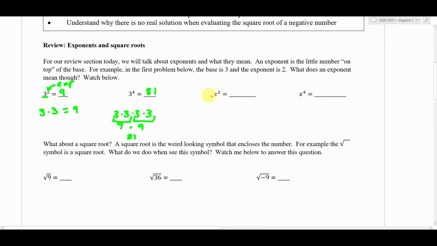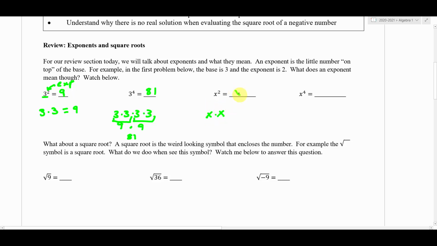Now, a lot of times when we're dealing with functions, that exponent is not going to be on a number. Instead, it's going to be on a variable like an x or a y. Nothing really changes. The law of the exponent still applies. When we see x squared, that means I'm going to take whatever x is and multiply x by itself twice, so x times x.